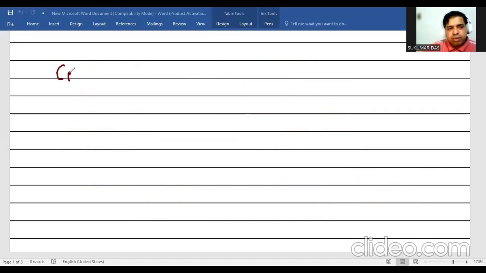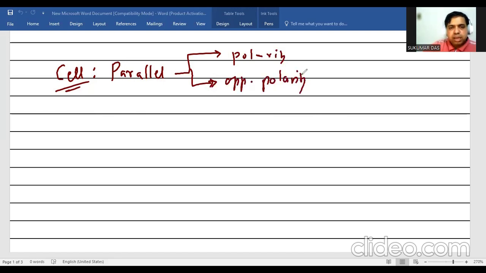Okay. We will look into the combination of cells in another scenario where they are connected in parallel. Here also, we have to look into the polarity, whether they are in same polarity or in opposite polarity. In the last one, we have taken only 2 cells, but the same thing can be extended to n number of cells. Let us see one example. We have one cell like this, E1, r1.